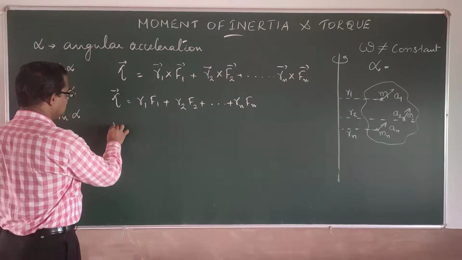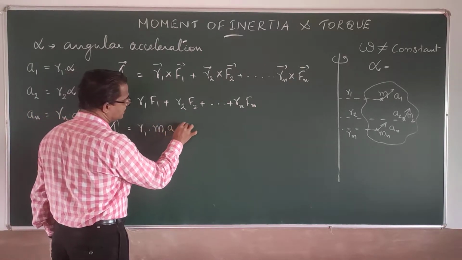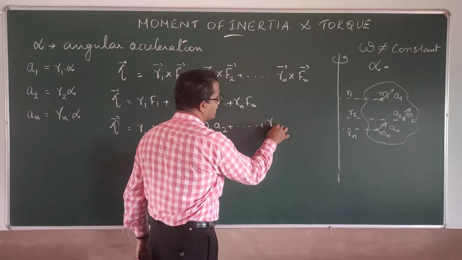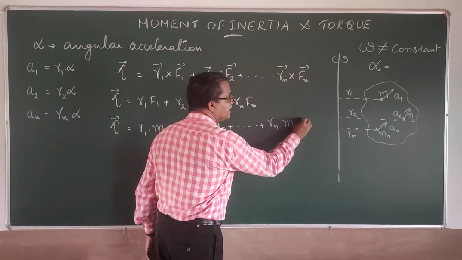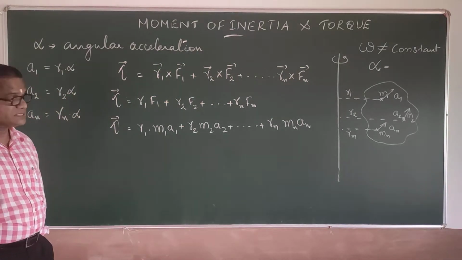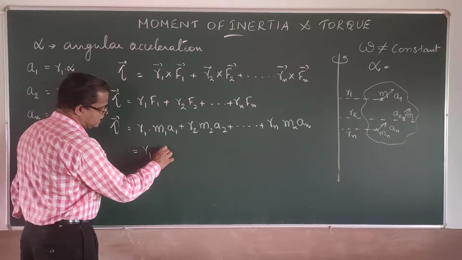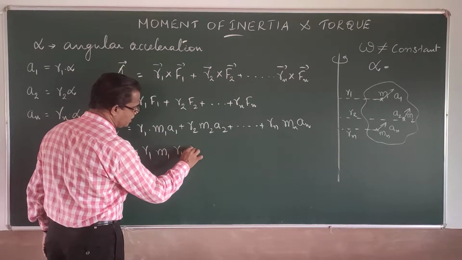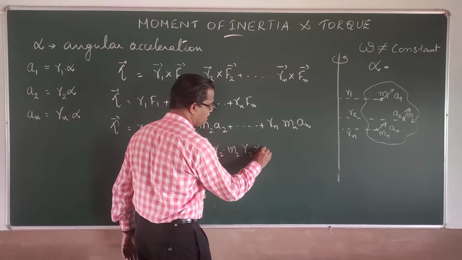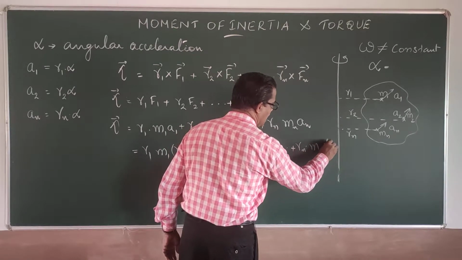Now it is very simple: torque tau equals R1 into M1 A1 plus R2 into M2 A2 plus etc. plus Rn into Mn An. This will equal R1 into M1 into R1 alpha plus R2 into M2 into R2 alpha plus etc. plus Rn into Mn into Rn alpha.